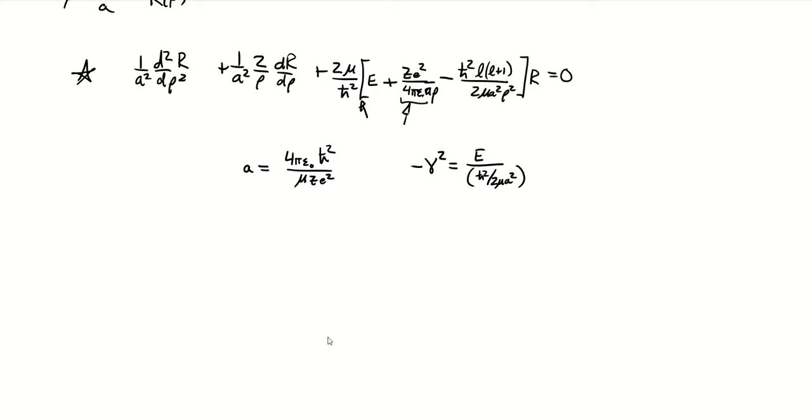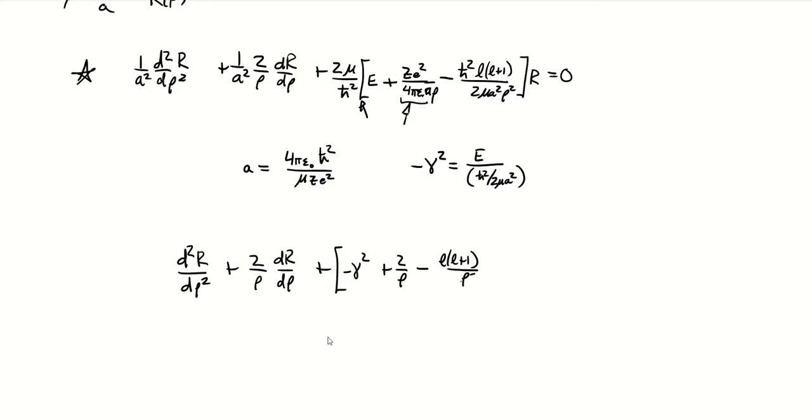But the differential equation we finally end up with looks like this: rho d²R/dρ² plus negative gamma squared plus 2 over rho minus L times L plus 1 over rho squared, times R, equal to 0.